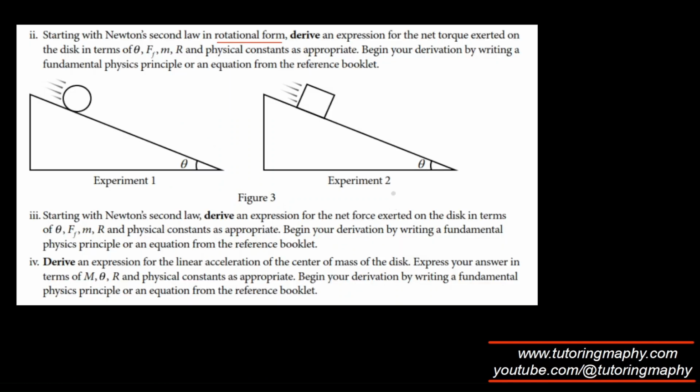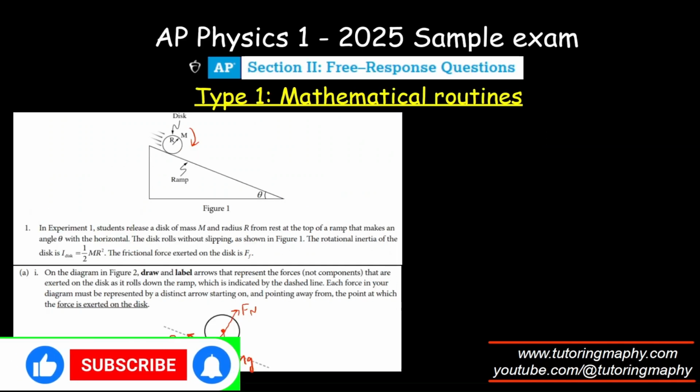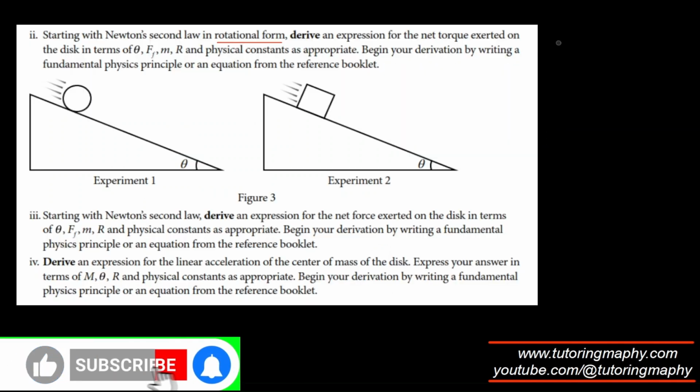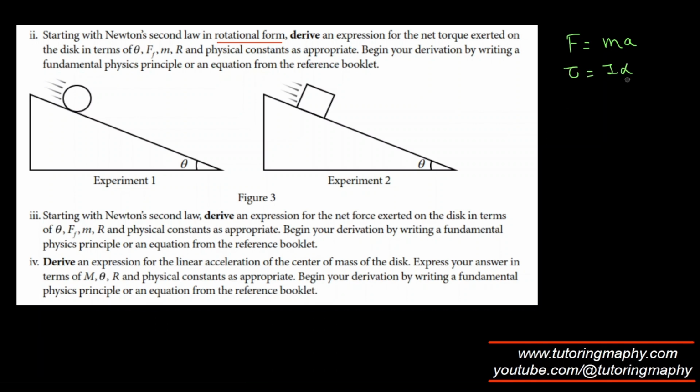Okay. Now, since they're talking about Newton's second law in rotational form, what is Newton's second law in rotational form, by the way? Just like the translational form is F equals ma, the rotational form is torque equals I alpha, right? Determine an equation for the net torque exerted. And like I said, the only torque exerted is actually the friction.